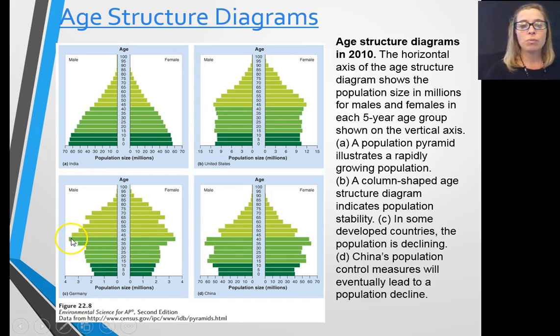Here, you can see a population that is decreasing. So each generation is having fewer offspring than the generation before it. These age structure diagrams are really good to help us predict future population growth and what's going to happen to the rate of growth in that particular population.